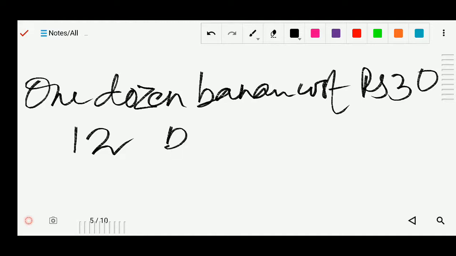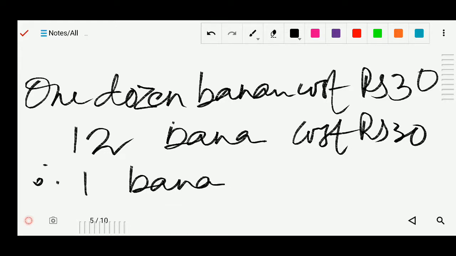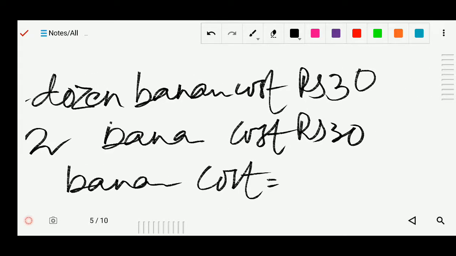So 12 bananas cost rupees 30, because 1 dozen or 12 is the same. Now we can find the cost of 1 banana. Of course it will be less, because 12 bananas cost 30, so one banana will cost less, means we will divide. So this 30 will be divided by 12.